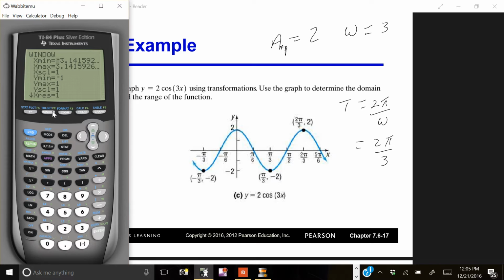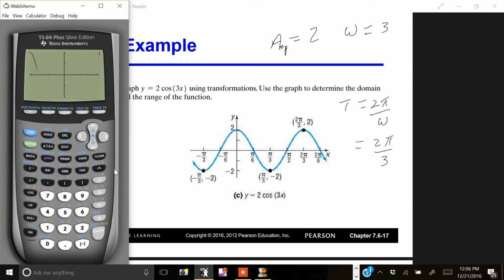If we want to get 2 periods, let's go from minus 2 pi divided by 3 to plus 2 pi divided by 3, and we need to show an amplitude going from minus 2 to plus 2.